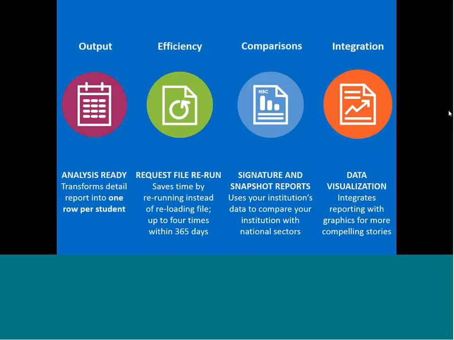Our request file rerun is an efficiency savings by allowing you to rerun files up to 4 times in a 365-day period. The signature and snapshot reports take our nationwide reports and provide a sector and institution level report, allowing you to compare your institution with the national sectors.